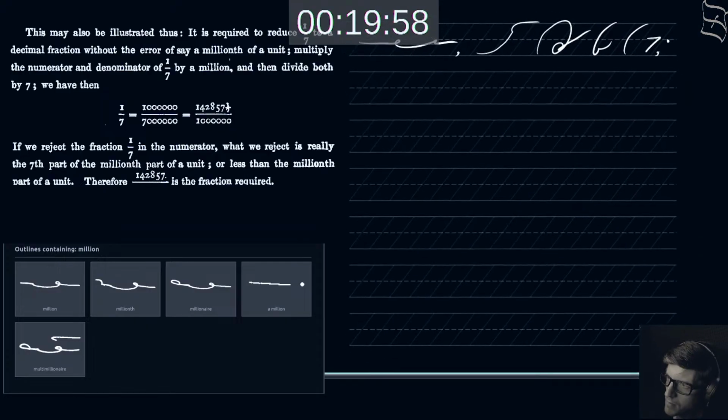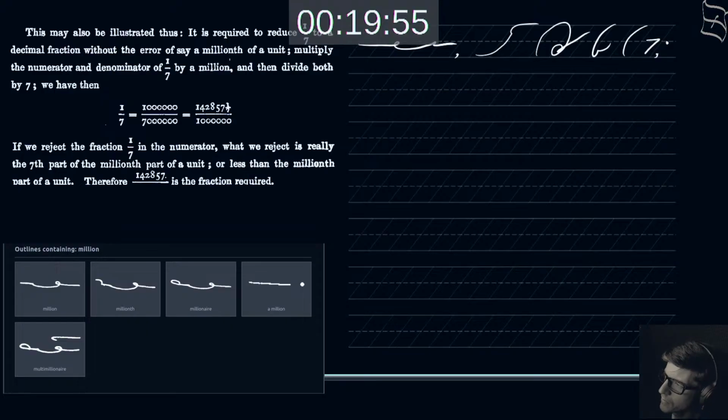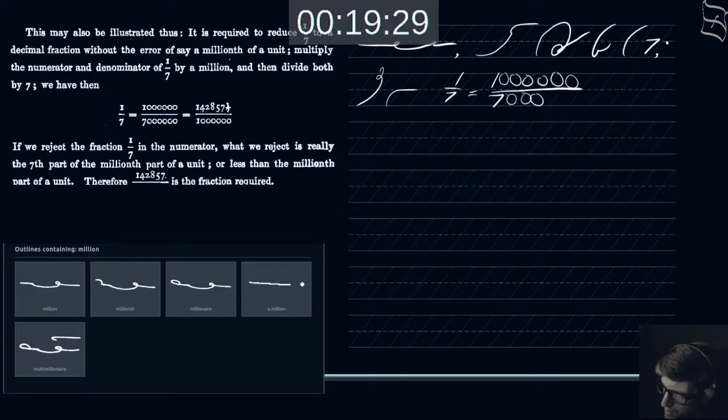We have then 1/7 being equal to 1 million over 7 million. 1, 2, 3, done, good.